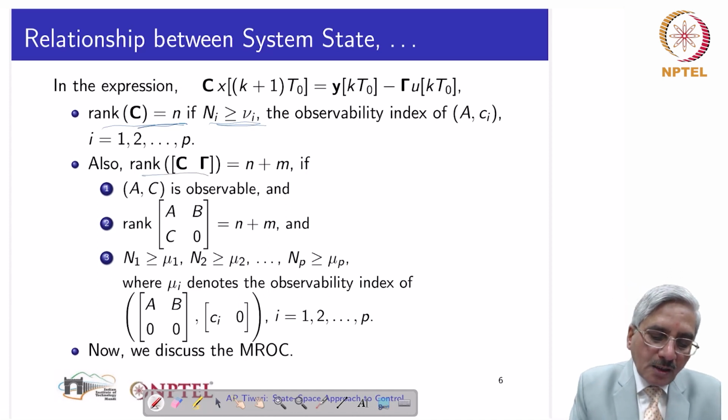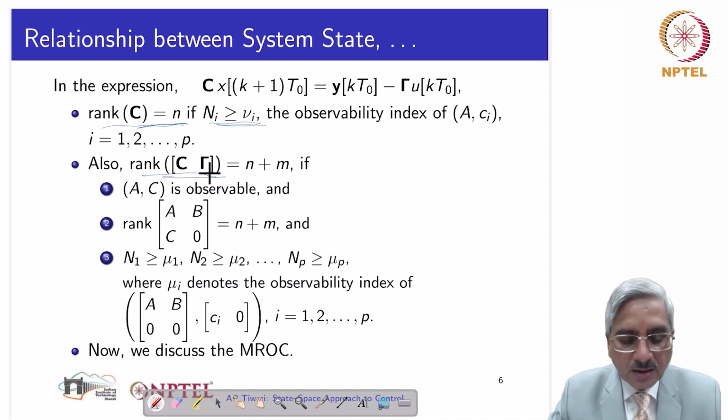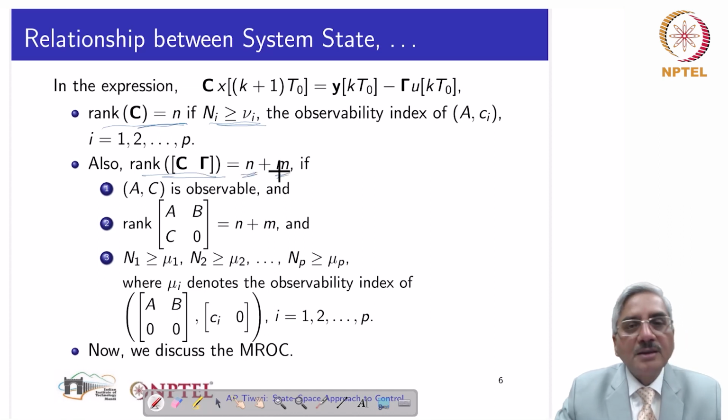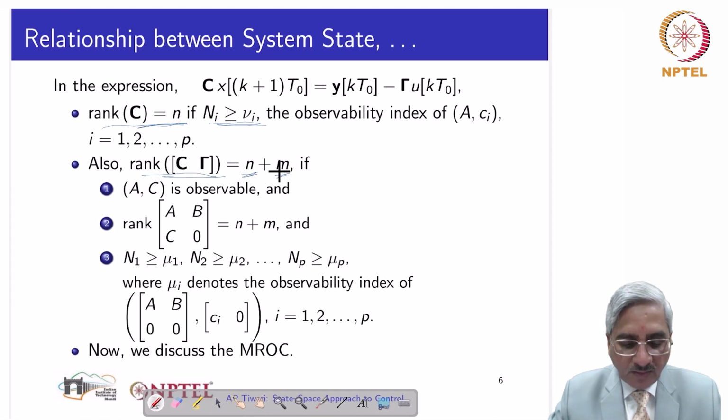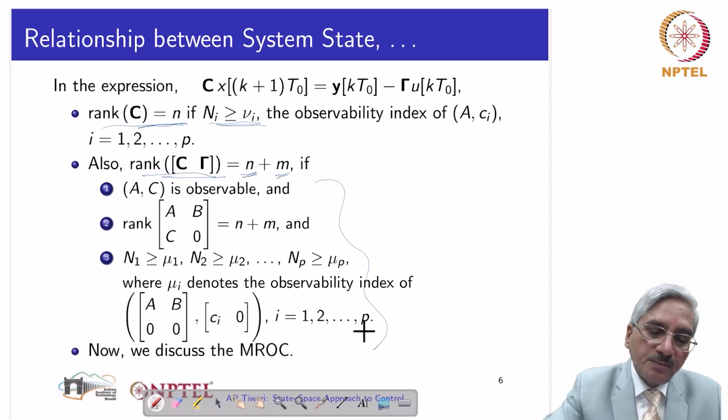Also, the rank of the augmented matrix, bold C and bold gamma, will be the sum of the system order and the number of inputs, subject to these conditions. These we saw in the previous lecture.